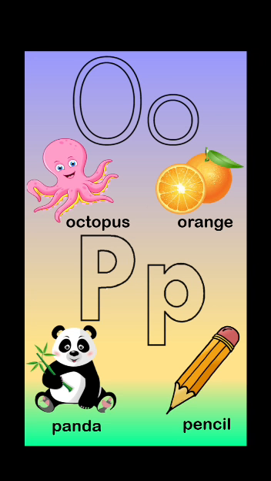The next letter is letter P. The sound of letter P is P. What are the vocabulary words of letter P? P for panda.